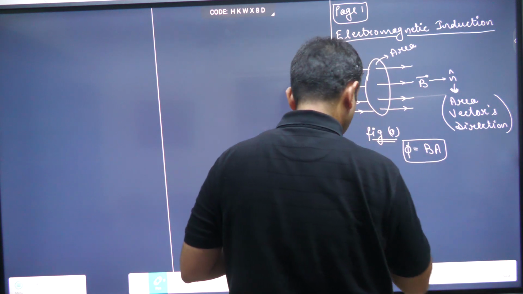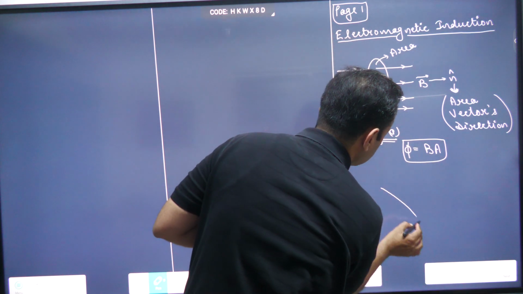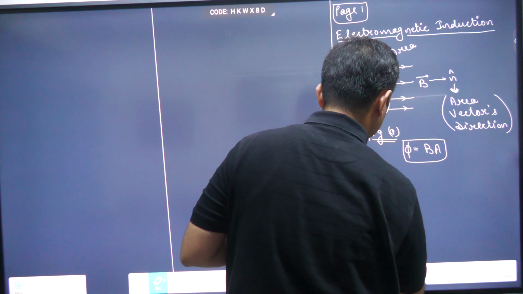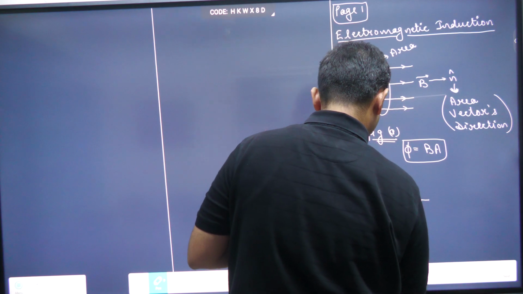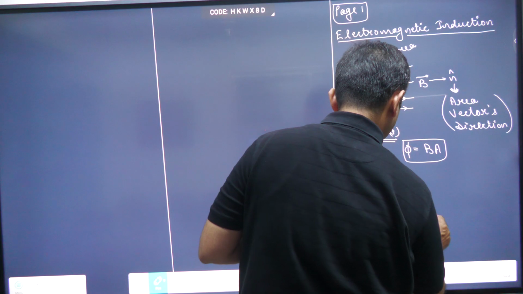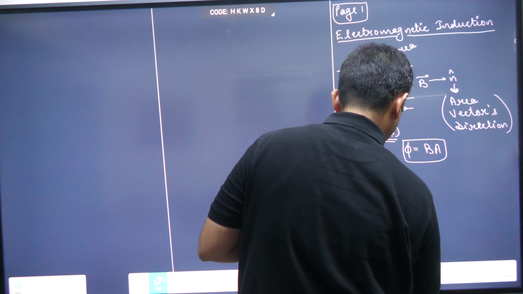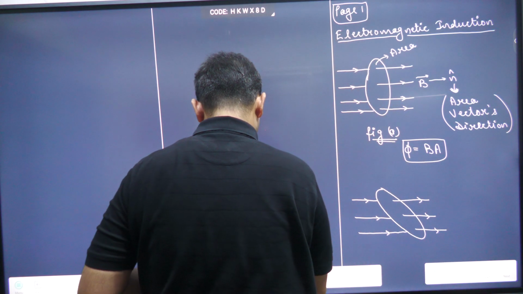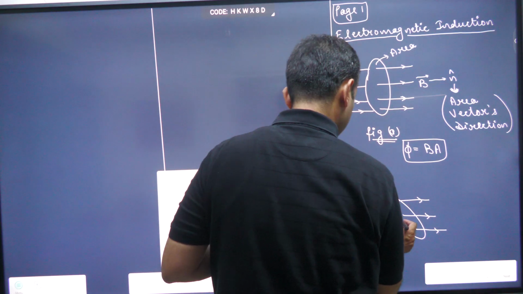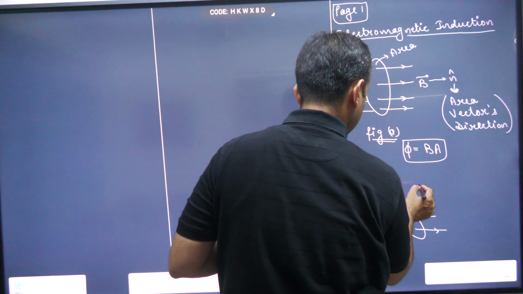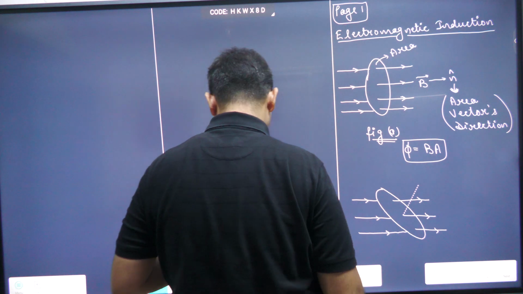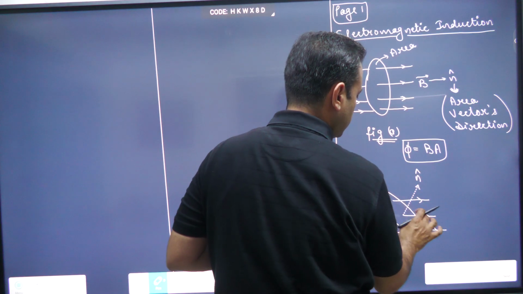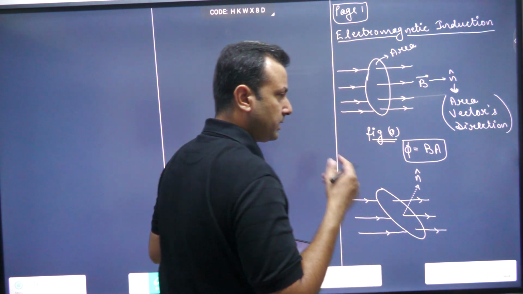But if the loop is like this, and the magnetic field is going like this, then this is n cap, the direction of the area vector.